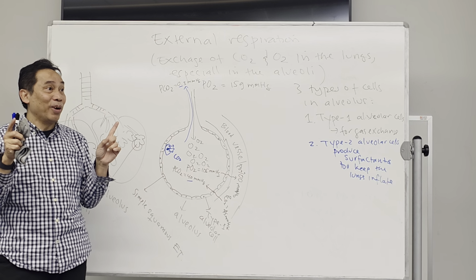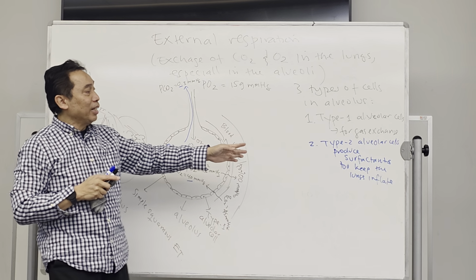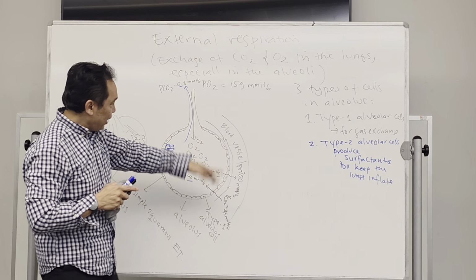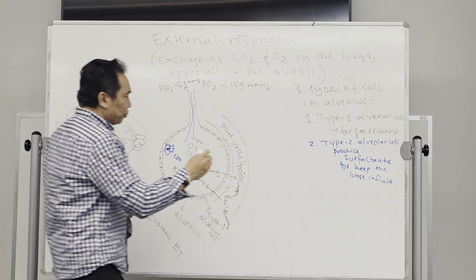Can you follow this, right? Why? Because their lung is not inflated yet, because the surfactant is not produced yet. Okay, you can follow this. Okay, and then after that, they will produce that surfactant to keep our lung inflated. That's the second type of cell in the alveolus.